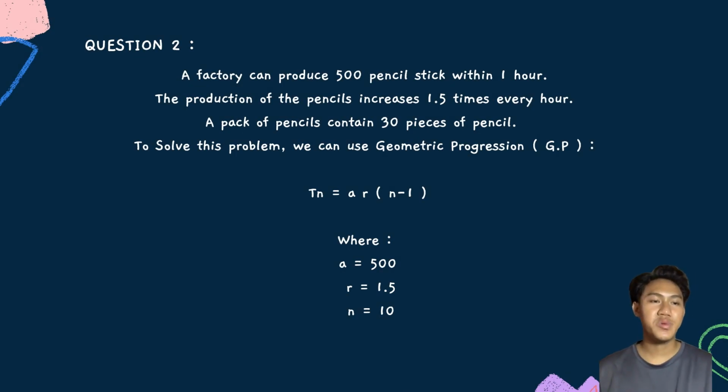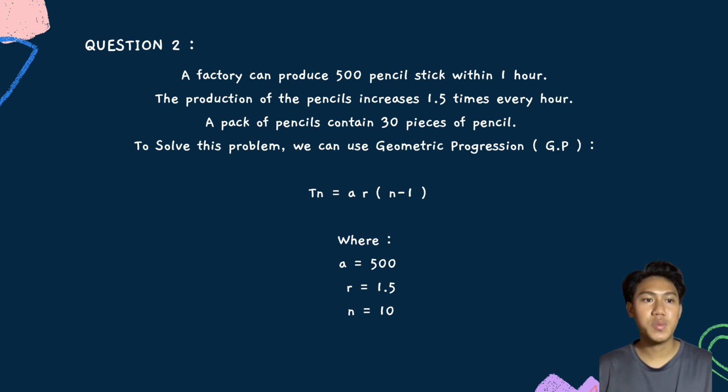So now we go to the second question. Based on the second question, a factory produces 500 pencil sticks within 1 hour. The production of the pencil is 1.5 times every hour.